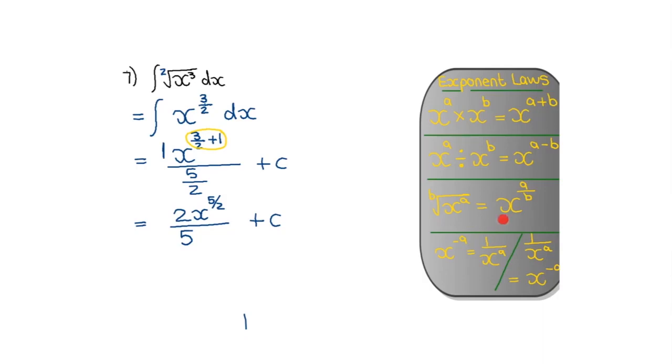So I can use this rule that I had here, just backwards, and write it in surd form. So let's do that. The 2 is on top, the 5 is at the bottom. I can write this one in surd form. The base will stay the base. The top value of this fraction of the exponent will go inside. And on the outside, I will have a 2, which we don't have to write. And I still have plus that constant.